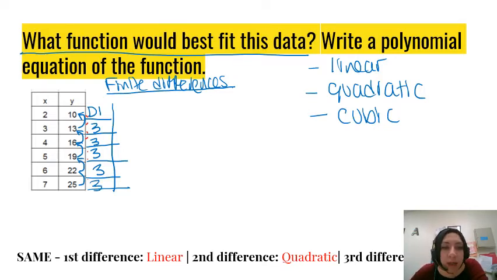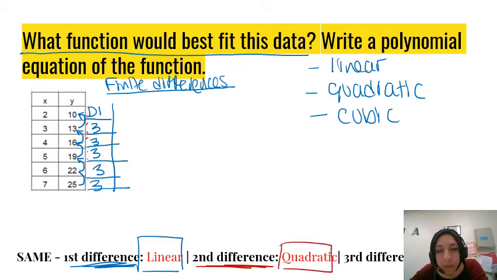After doing your finite differences, if you get the same first difference, then it's a linear function. If we get the same second difference, it's a quadratic function. And similarly, if we get the same third difference, it's a cubic function. We're going to go over that in the next example.